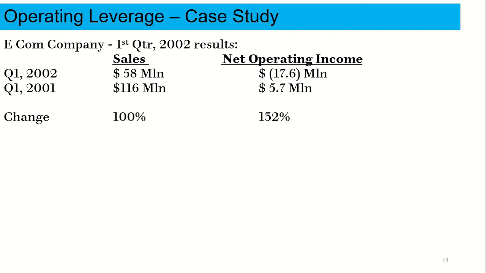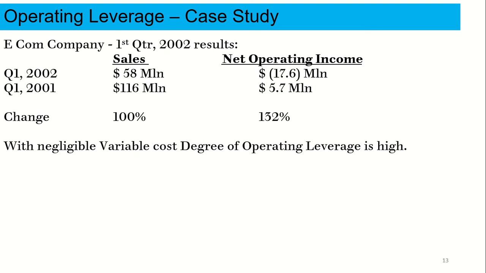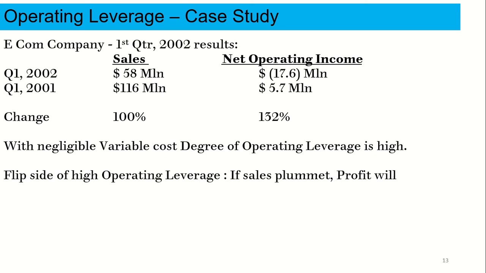So there we see that there is a change of 100% in sales and net operating income has changed by 132%. So therefore, with negligible variable cost, degree of operating leverage is high. Flip side of high operating leverage, as we have already discussed, is if sales plummet, profits will nosedive.